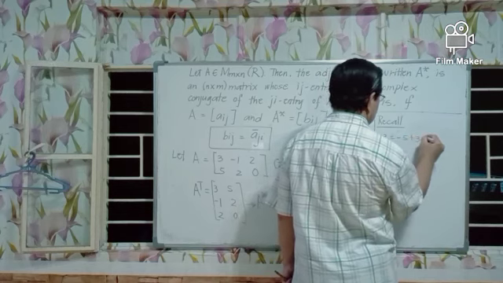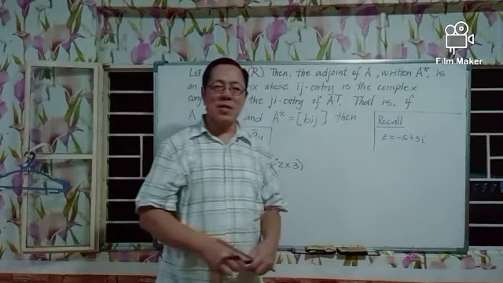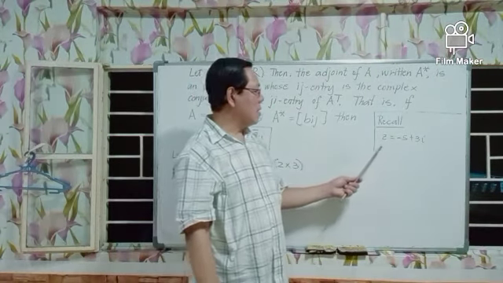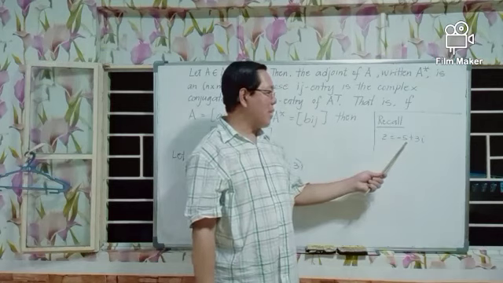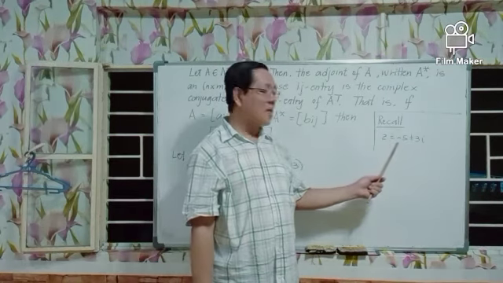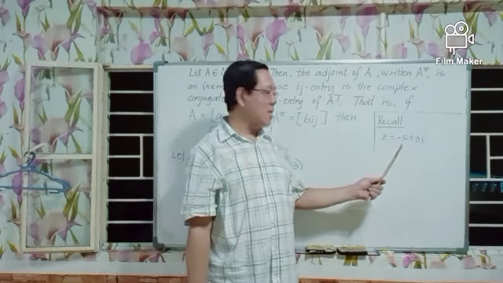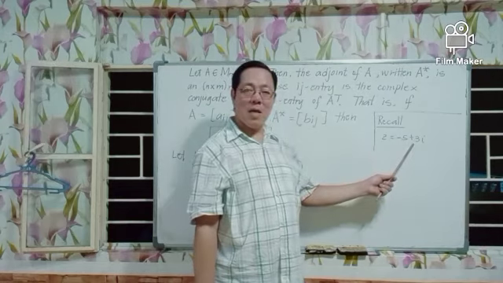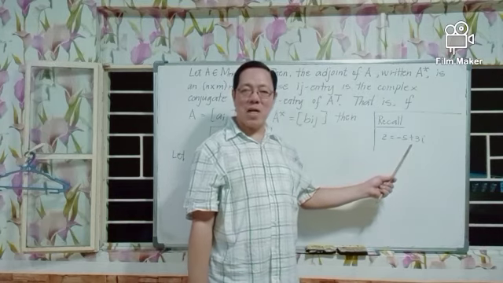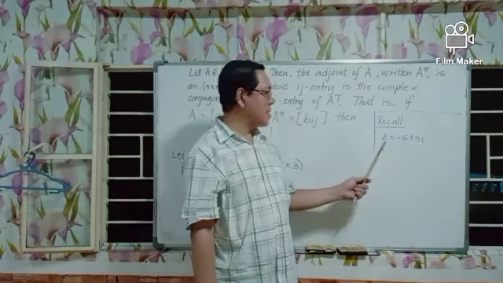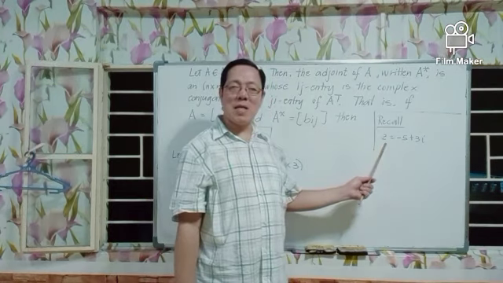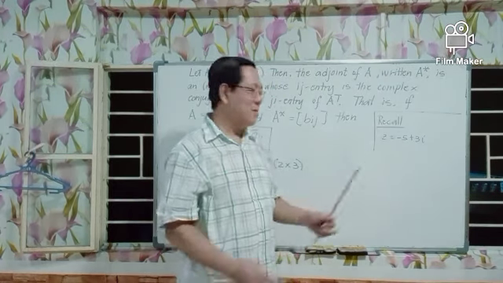Consider the complex number z equals negative 5 plus 3i. Negative 5 is the real part of the complex number, and plus 3i or positive 3i is the imaginary part of the complex number. The conjugate of z is denoted by z bar.